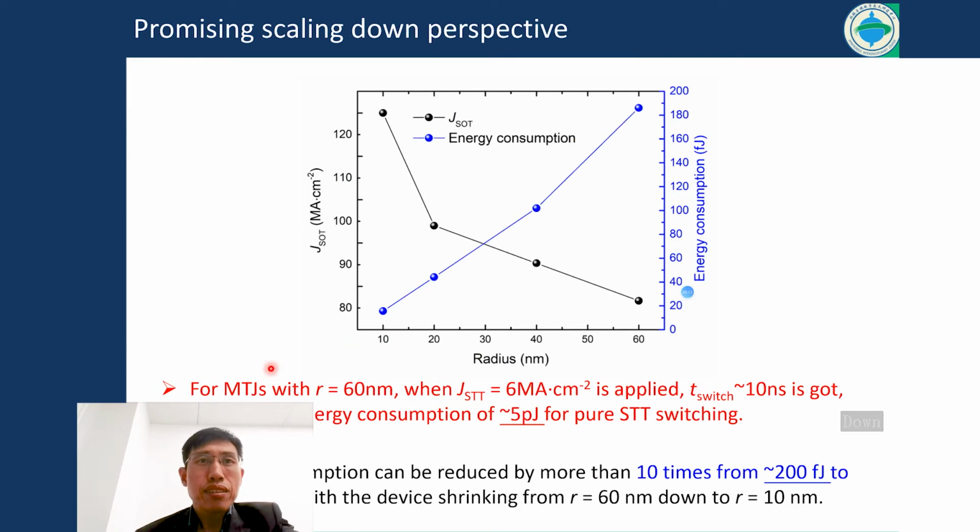At last, we can predict that using two mechanisms, STT plus SOT, can realize ultra low power. We can expect around 200 femtojoule if we can shrink the device from 60 nanometer down to 10 nanometer.